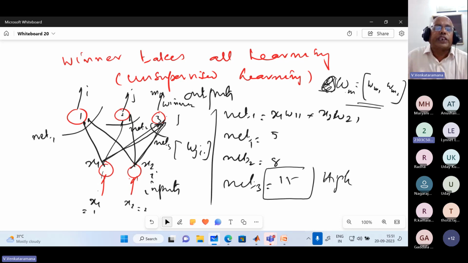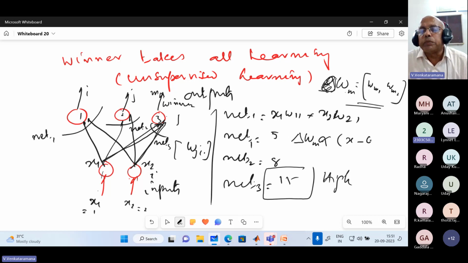Then how to calculate the change in the weight expression, in case of unsupervised learning or delta rule? Delta Wm is proportional to x minus Wm. Your x is the input and Wm is the winner weights. Therefore, what we want is that the input should match.